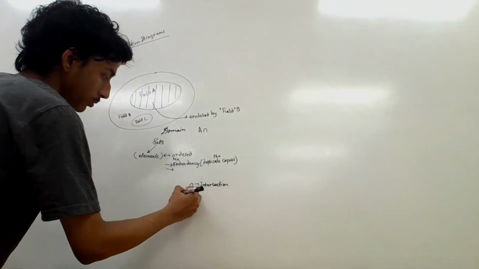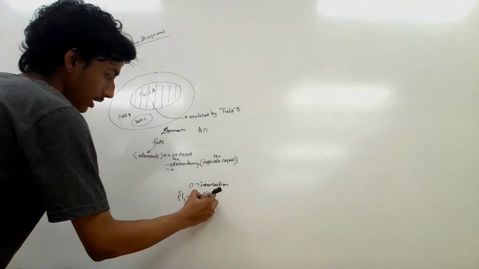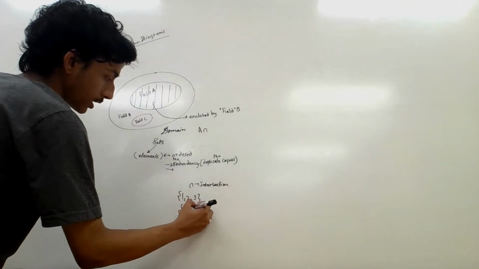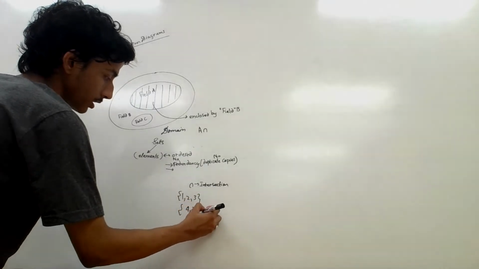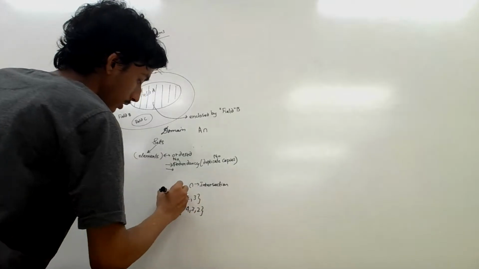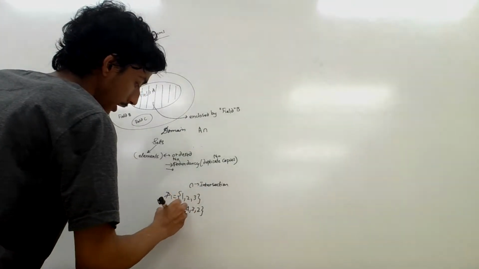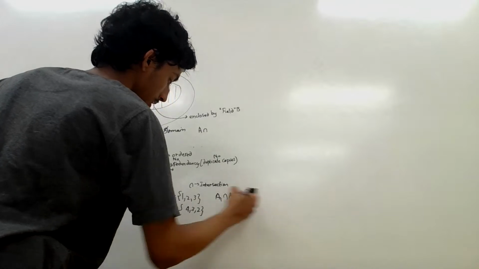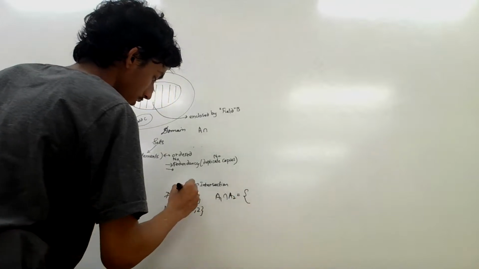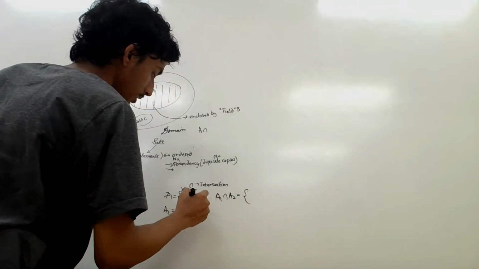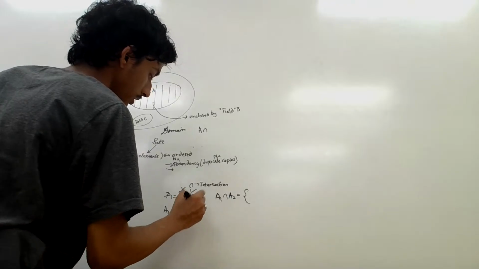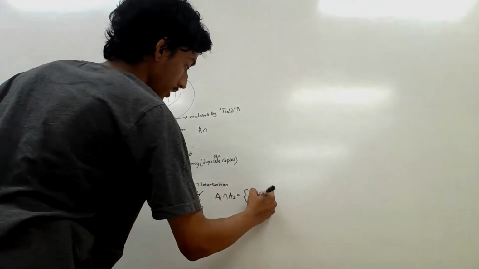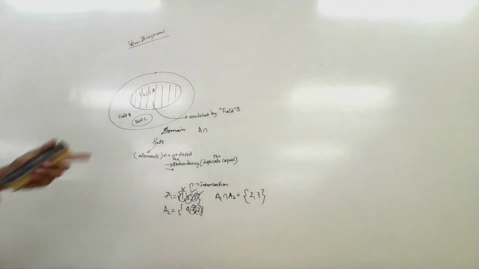For example, set 1 has 1 2 3, and set 2 has 4 3 and 2. So if you do the intersection of A1 and A2, 1 is not common, 2 is common because 2 is also here, and 3 is also common. So you'll get 2 and 3 as the intersection.